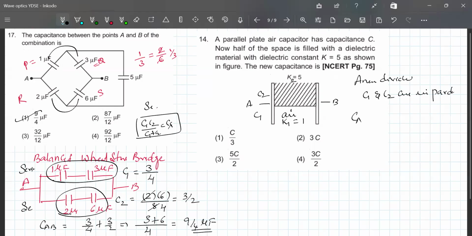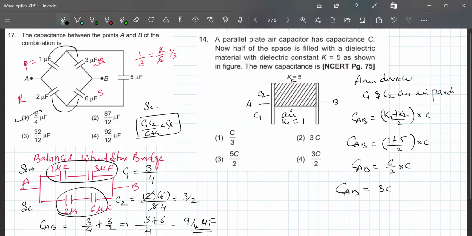So for the parallel formula we have CAB equals K1 plus K2 by 2 into C. Okay. So CAB equals K1 is 1, K2 is 5, by 2 into 6. So CAB becomes 6 by 2 into C. So CAB equals 3 times C.